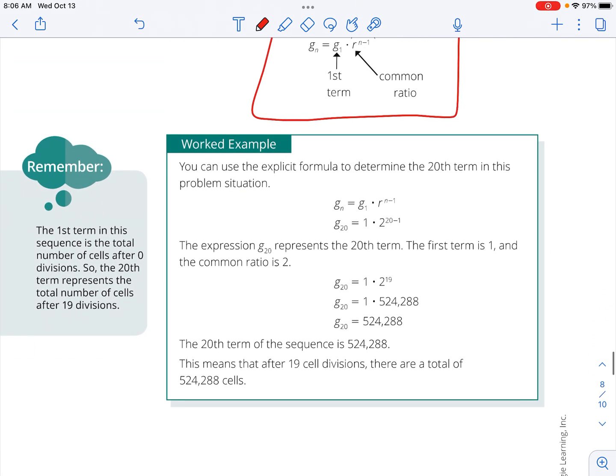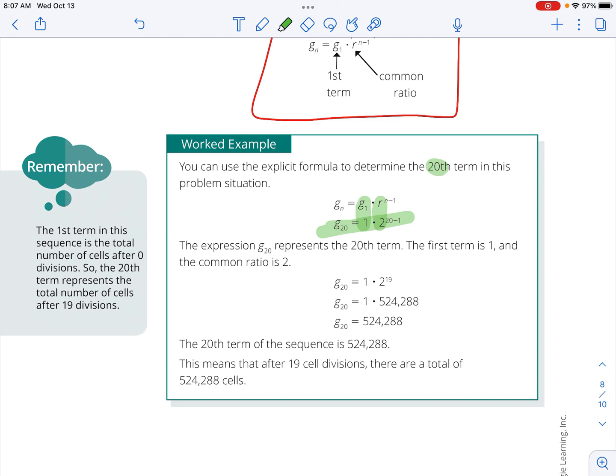So in the worked example they have here, if you want to calculate the 20th term, you've got to know what your starting term is, which is 1 because there's 1 mother cell, and then you've got to know the common ratio. In this case, we were creating 2 daughter cells for each division, so times 2. We use that equation to help us find the term.